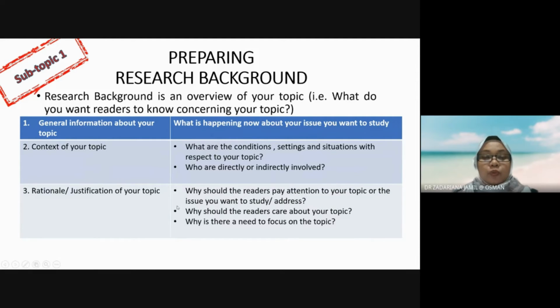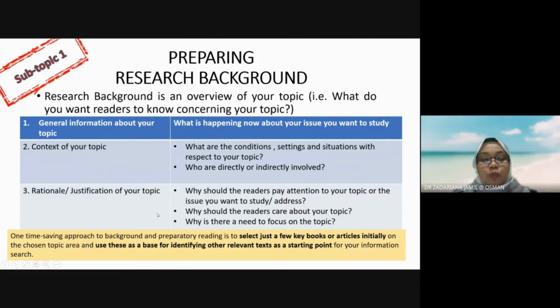To write a research background, one time-saving approach to background and preparatory reading is to select just a few key books or articles initially on the chosen topic area, and use these as a base for identifying other relevant texts as a starting point for your information search.